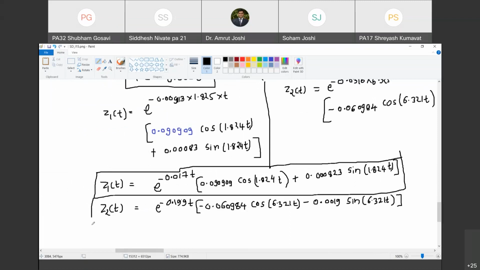Now, one thing we are going to observe and then move ahead. What can you say about the decaying of Z1 of t and Z2 of t? Which one decays faster? The value in the bracket just fluctuates between plus and minus some values. So forget the bracket; the outside term is minus 0.017 and e raised to minus 0.199 t.